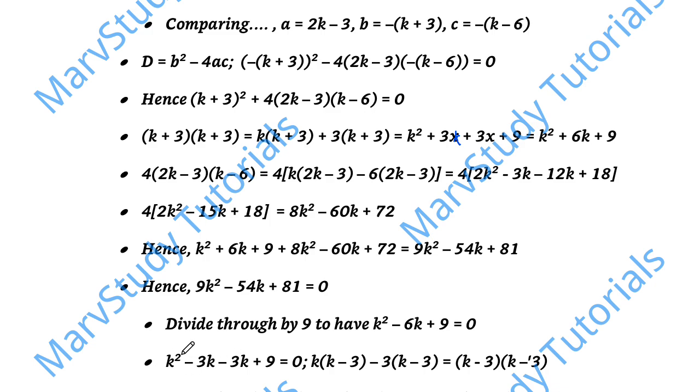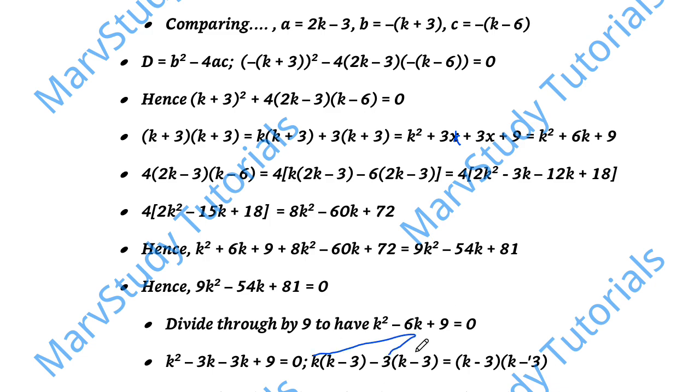So looking at k² − 3k, we can see that k is common, so we factor out k. k² divided by k is k, and −3k divided by k is −3. If you look at −3k + 9, what's common is −3, so we factor out −3. −3k divided by −3 is k, and 9 divided by −3 is −3. So we take this, and we take this.